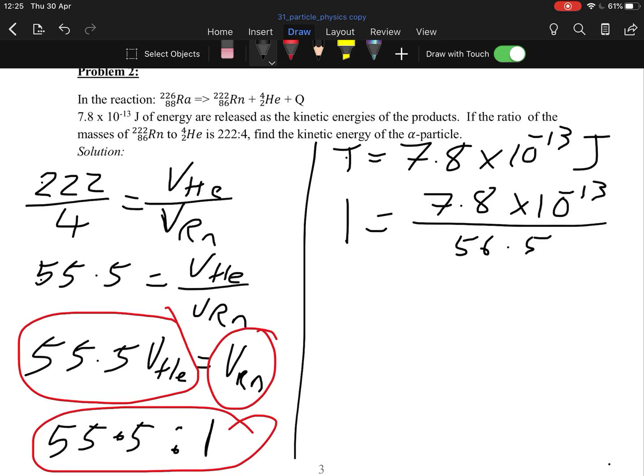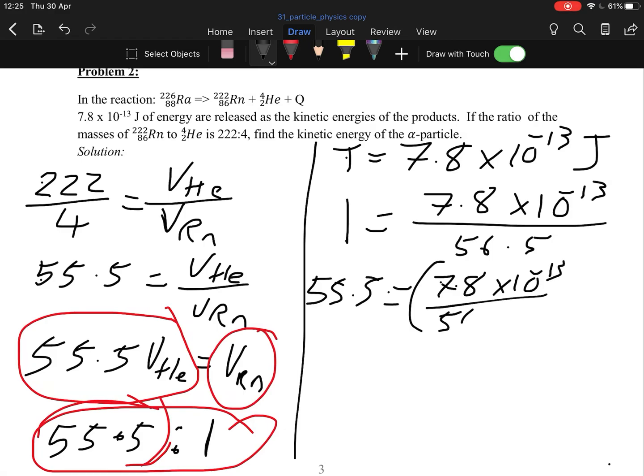And then, what's the question? If the ratio, find the kinetic energy of the alpha particle. So we want to just find the alpha particle. Well, the alpha particle is getting 55.5 parts. So we just simply multiply that: 7.8 by 10 to the minus 13 divided by 56.5 times 55.5.